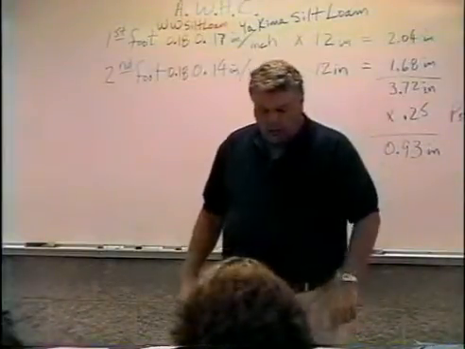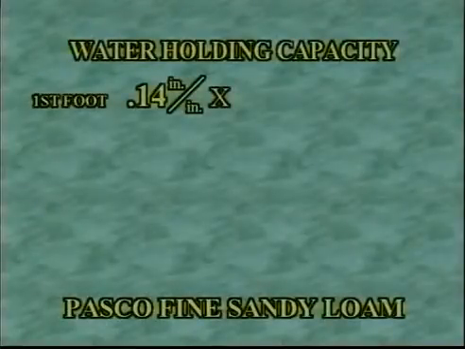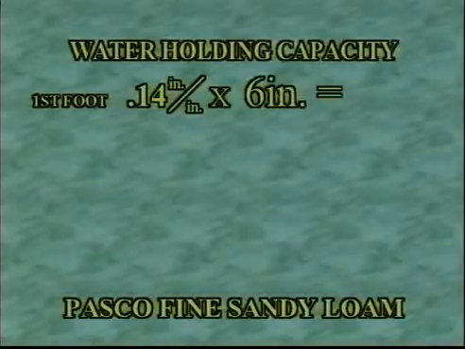Its value is 0.14 inches per inch. So this would be for a fine sandy loam, which would be pretty typical of what a golf green subsurface is going to be made of. And let's just manage 6 inches of it. How much water do we have total?